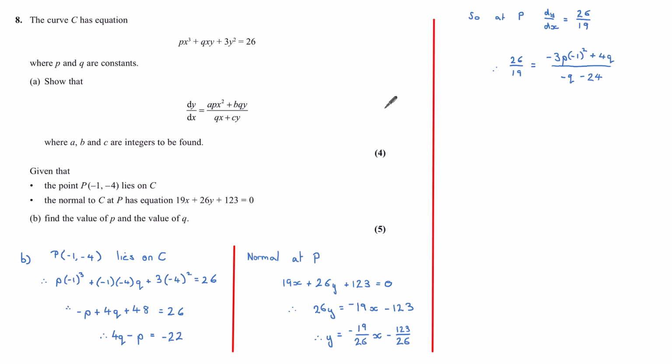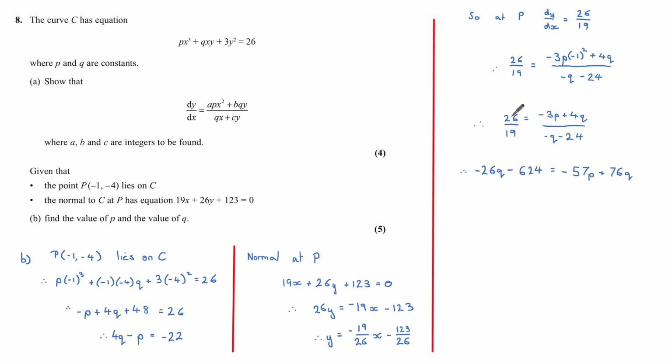As b was 1, this is equal to 4q minus q, and then my c was 6, so this is minus q minus 24. Simplifying the right-hand side, just squaring my negative 1, and then multiplying all through by 19.